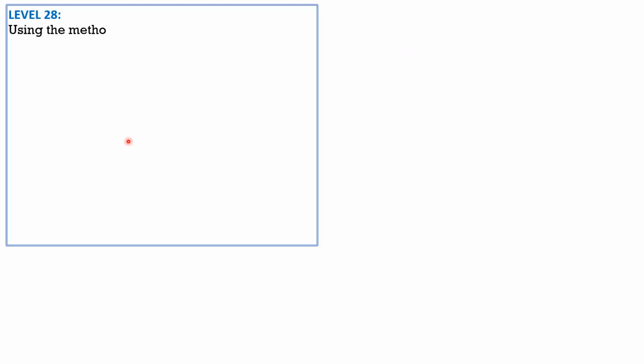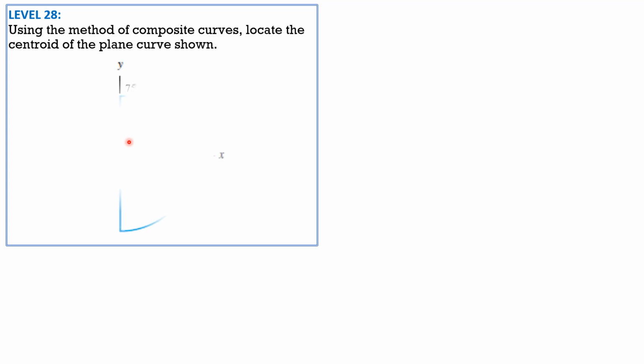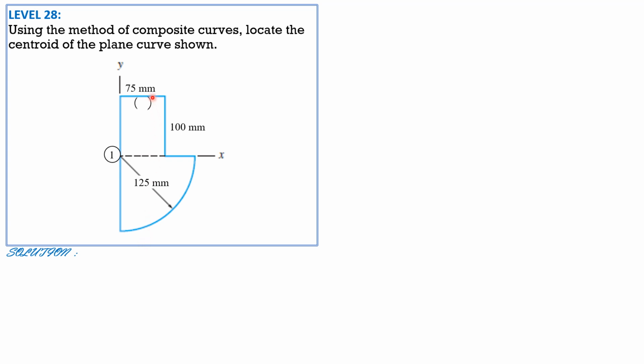Level 28. Using the method of composite curves, locate the centroid of the plane curve shown. So for the solution, let's call this element 1, element 2, 3, 4, then element 5. The length of element 1 is 125 plus 100, 225.